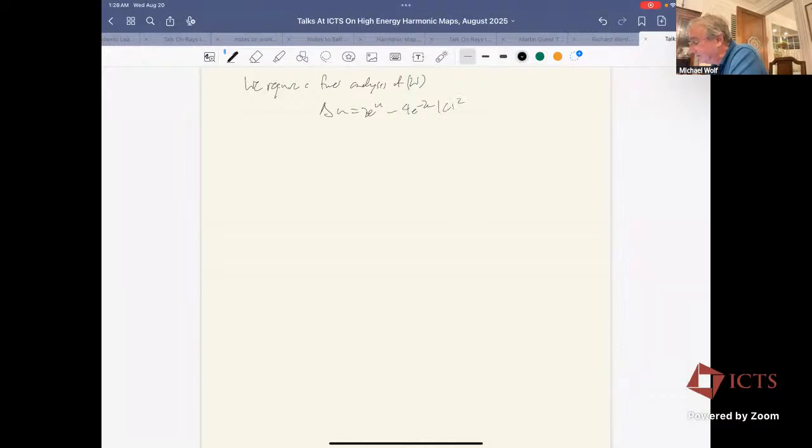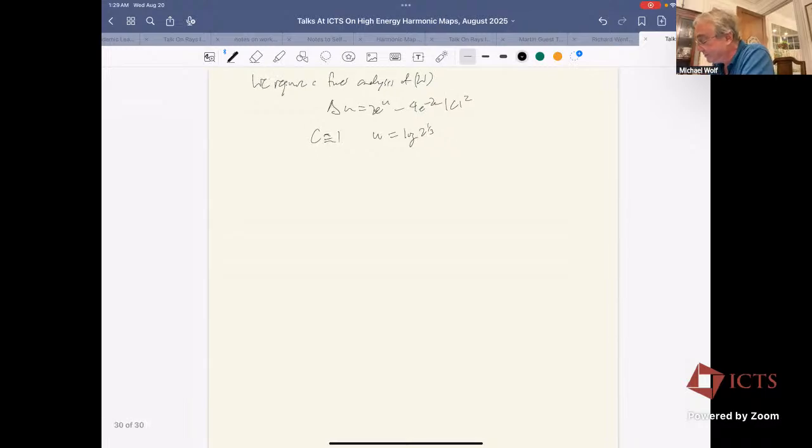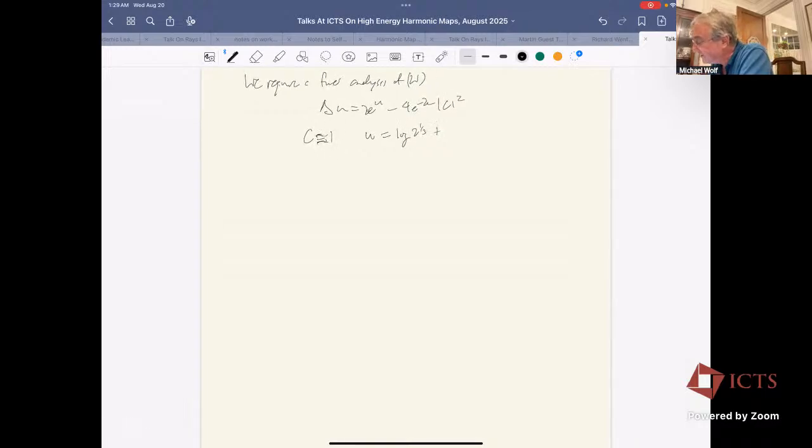There's no curvature because I'm on the plane. And we've already said that if c is 1, then u is log 2 to the third. So if c is like 1, u is this plus an error.